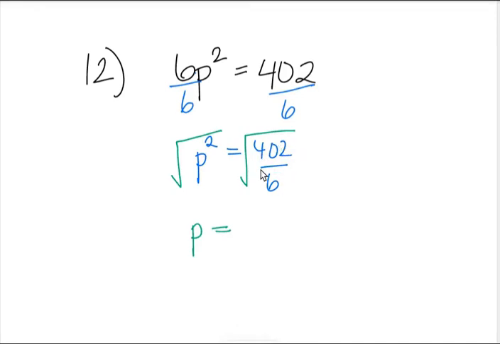Now I definitely don't see perfect squares here. 402 is not perfect, 6 is not perfect. So what you do from there is we're going to divide. So we're going to say 402 divided by 6.